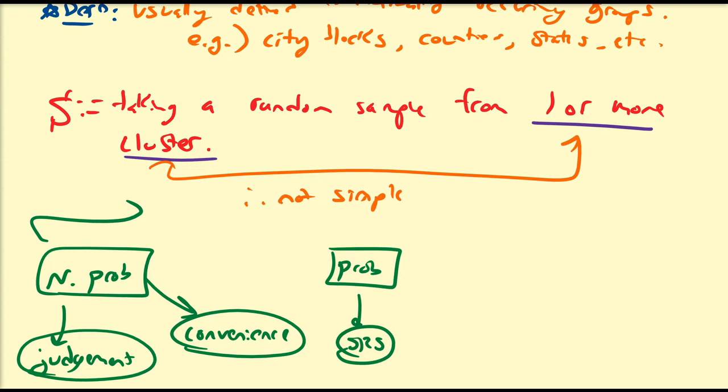We also have systematic sampling, where we take a random partition of that particular population, and then we take some values from each of those partition subsets.